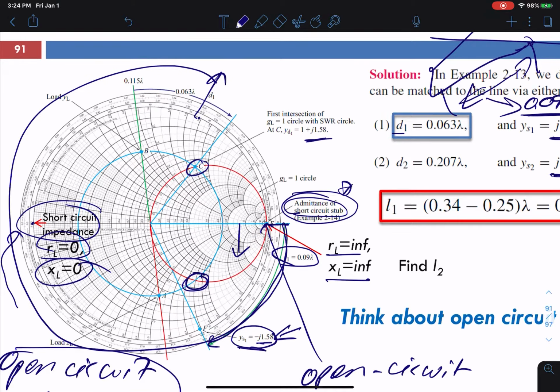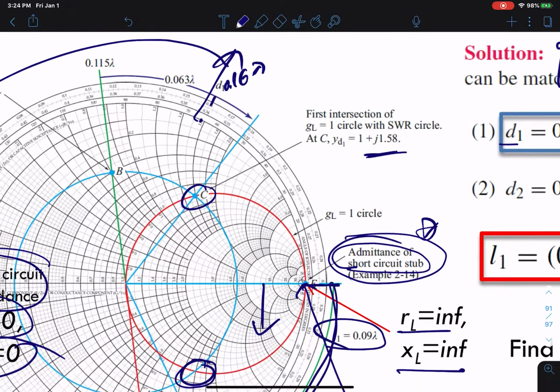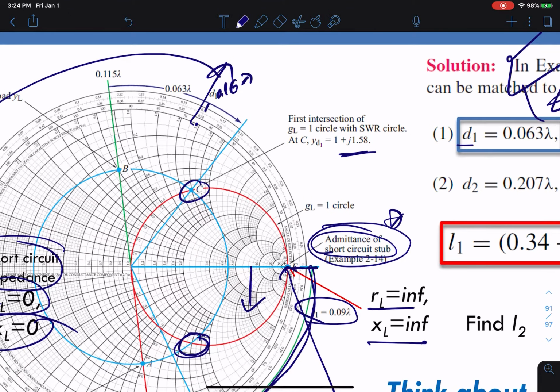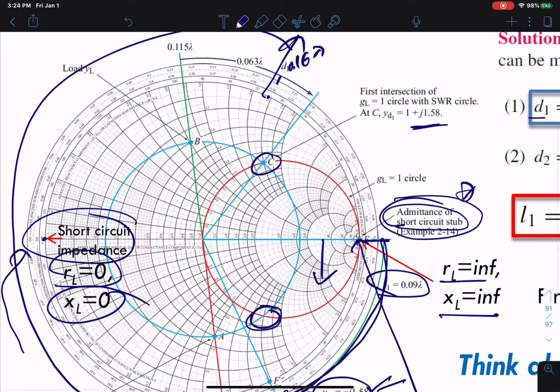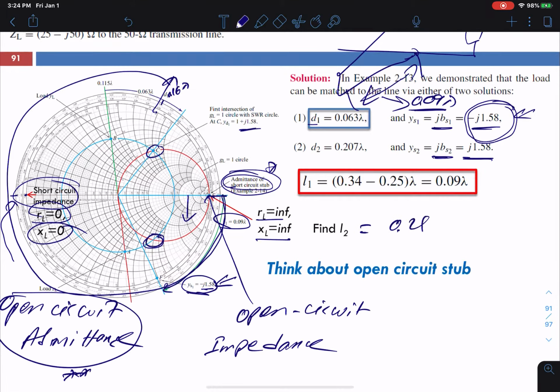What is the value at this point over here? It's 0.16 lambda at this point, right? Then I have to walk 0.5 from here to here, so that would be L2. My L2 would be 0.25 plus 0.16 lambda, which is 0.41 lambda.